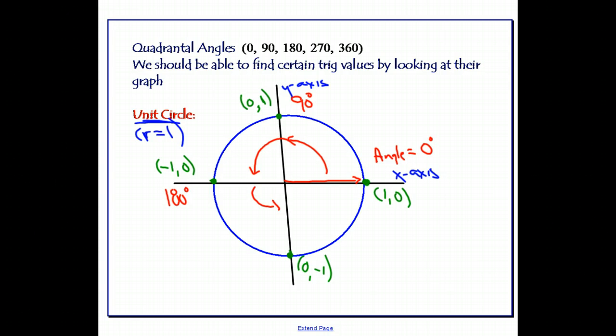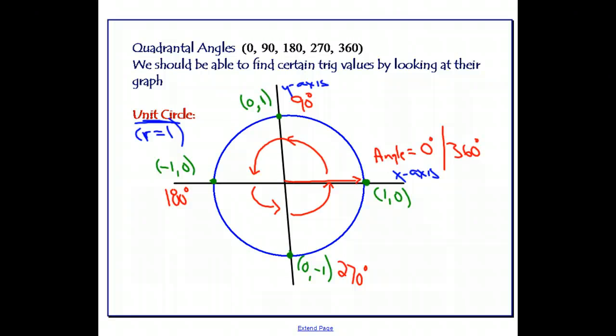If I keep coming down over here, I get 270 degrees. And you could argue, wait a minute, what if you keep coming back this way? That's 360. So that's 0 degrees, or it's 360 degrees. So it's going to turn out the trig functions for 0 degrees and 360 degrees are the same, because you ended up back at this same point.